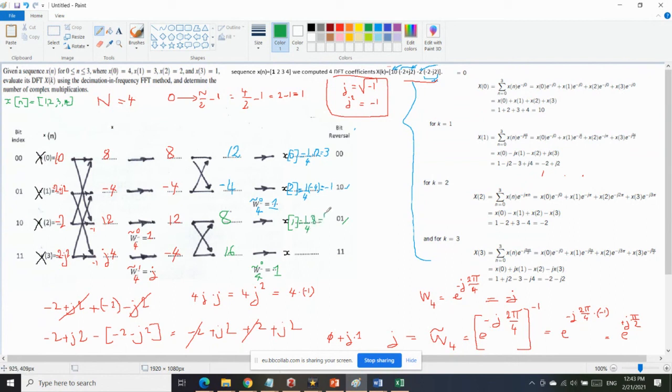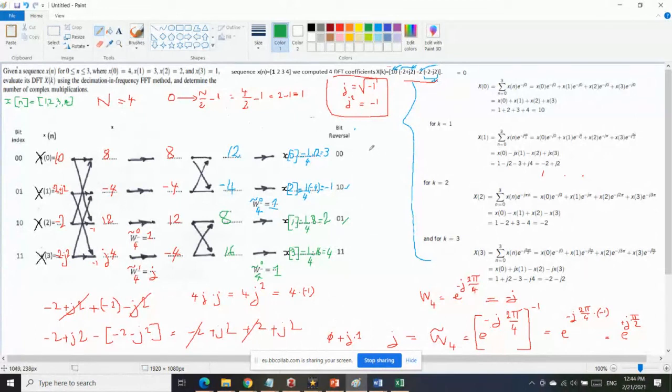So that's 2. And this is x3. So be 1 over 4. 16 times 1. So that's 4. Okay, so that's the sequence.